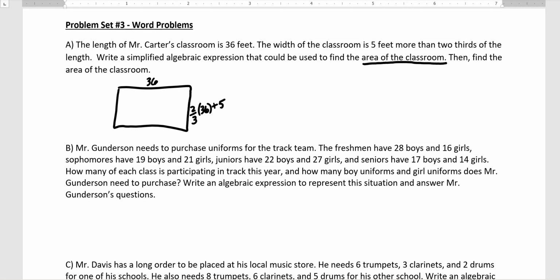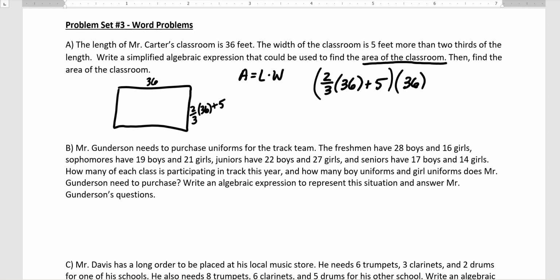So to find the area, area equals length times width. Let's figure out what the width is: 2/3 times 36 plus 5, and that would be our width. Our length, when we multiply it, would just be 36.